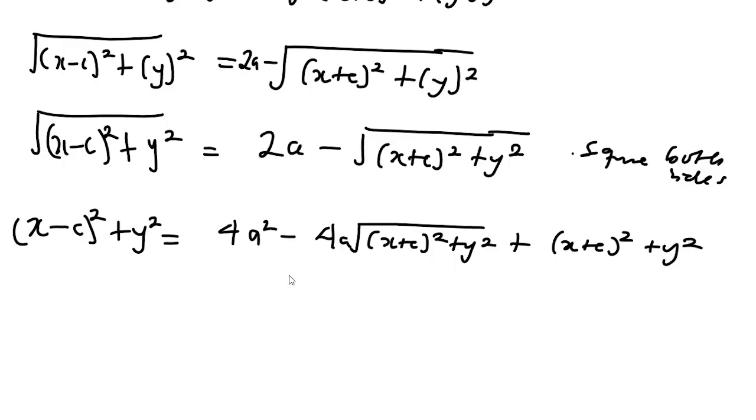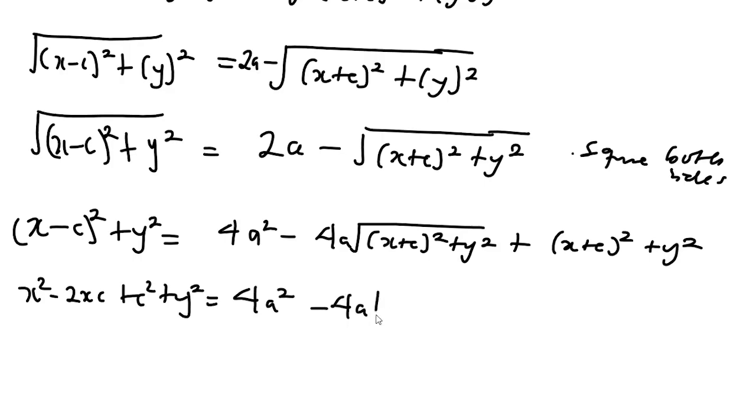Now at this point, we can expand this, and this is going to give us x squared minus 2xc plus c squared plus y squared. Then we have 4a squared minus 4a root of x plus c all squared plus y squared.